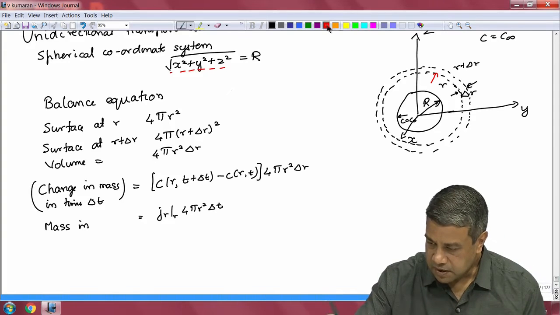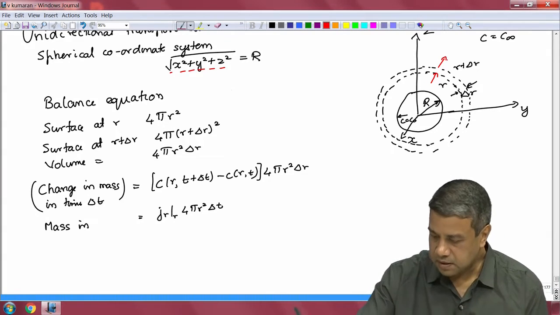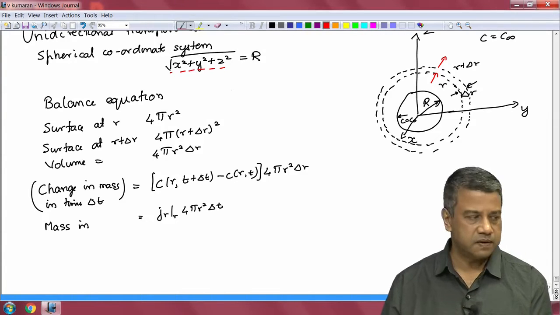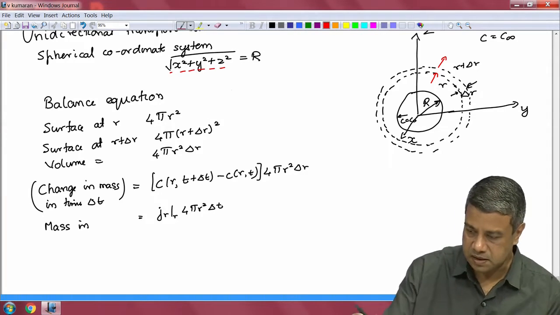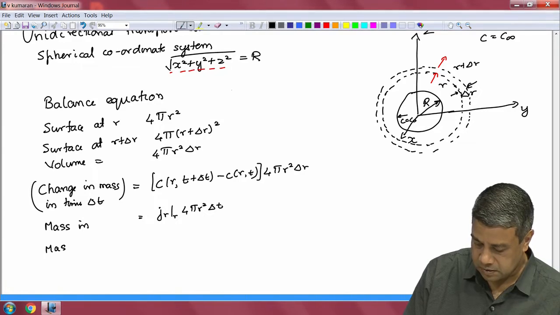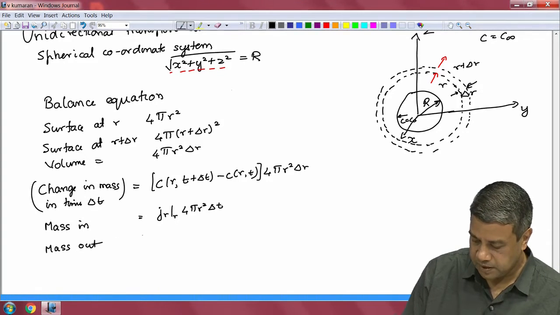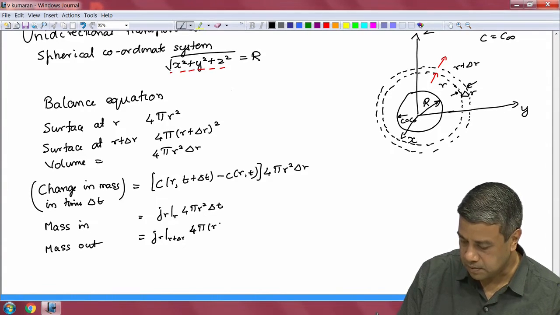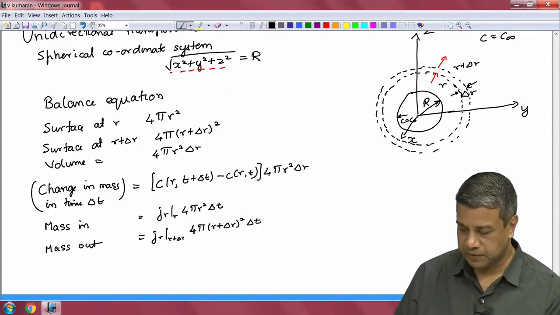A positive flux at the surface r plus delta r results in mass leaving the differential volume. Therefore, the mass out is equal to J r at r plus delta r into 4 pi into r plus delta r the whole square times delta t.